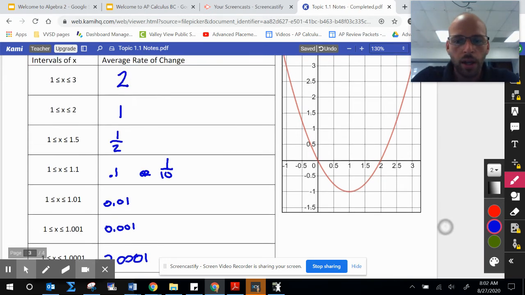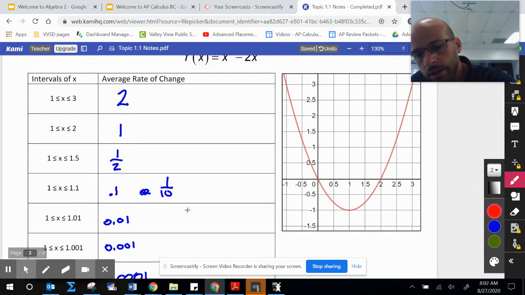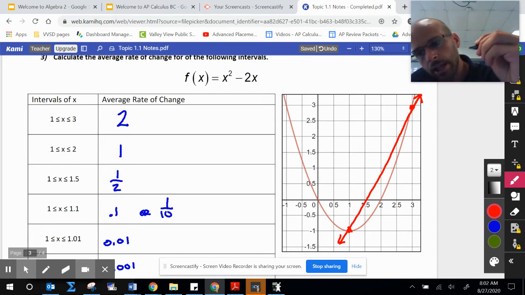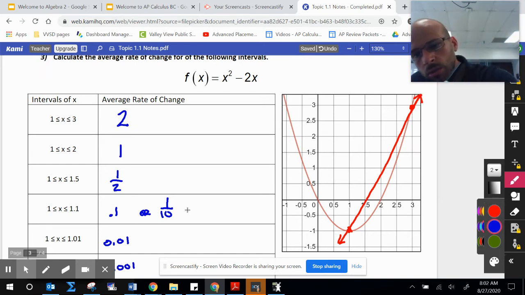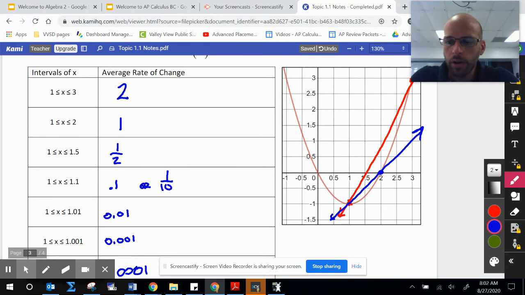Now, if you look at the secant lines, if I go from 1 to 3, we start up here, I have this secant line. And then I can go from 1 to 2. 2's right here. And then from 1 to 1.5.